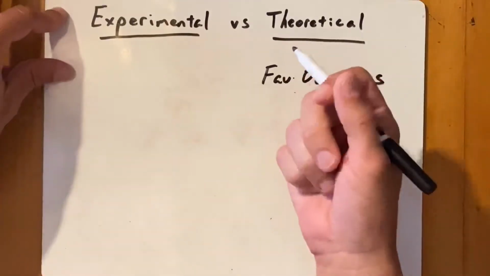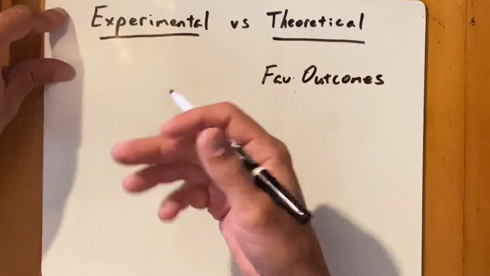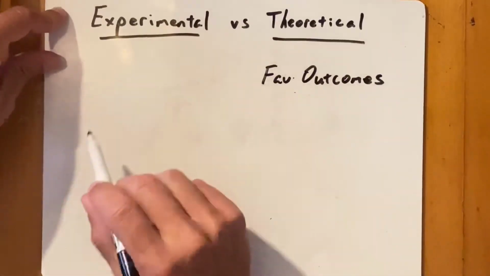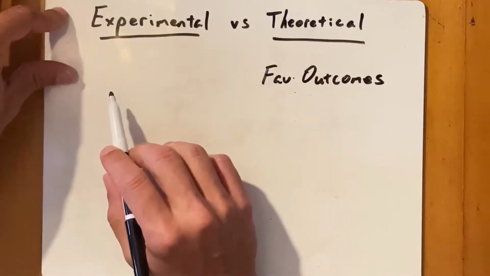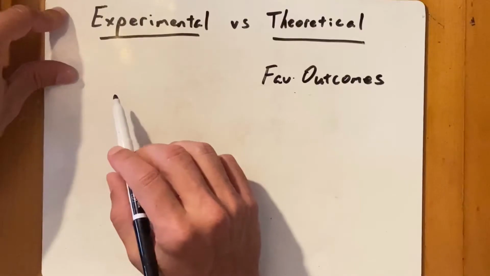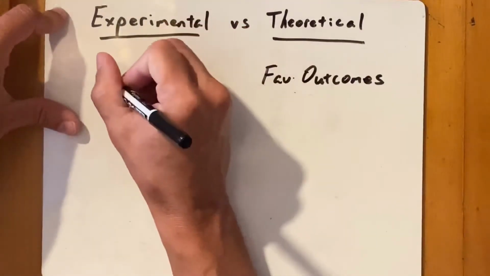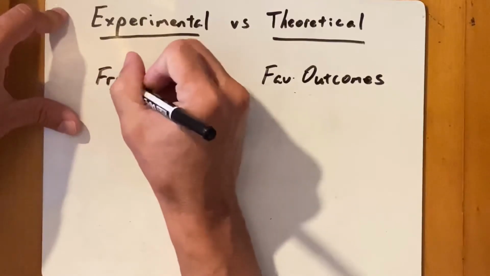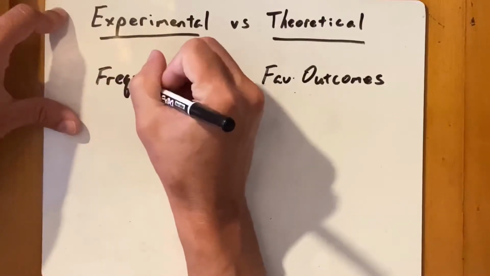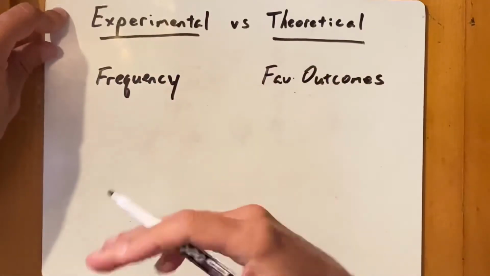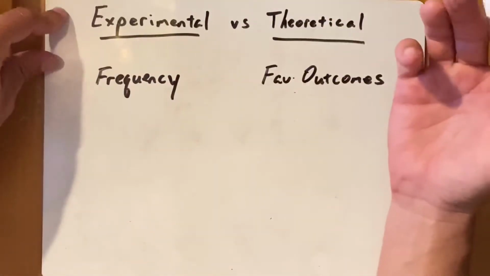So if I roll the die once, that's a trial. I roll it again, that's 2 trials, and so on. Those trials determine how many times it happens during that experiment, and that is known as frequency. Frequency is simply how many times that desired result has already happened during this experiment.